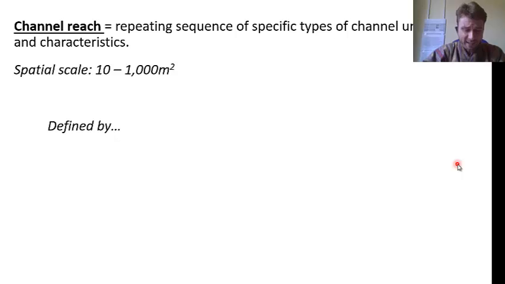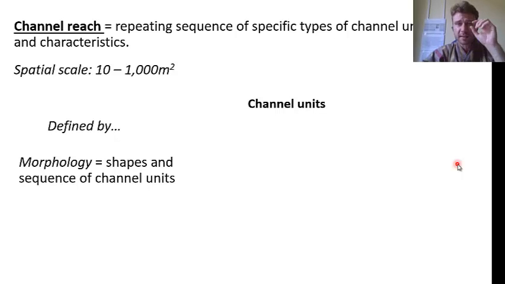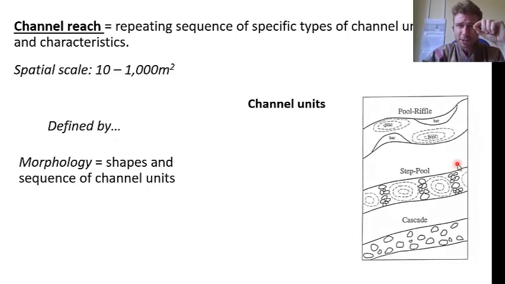We define these channel reaches by their morphology. And remember from our study of hill slopes, morphology means the shapes, so the shape of the reach, as well as a sequence of channel units. And by channel units, we mean these discrete, smaller features that you described when talking about your larger patterns.